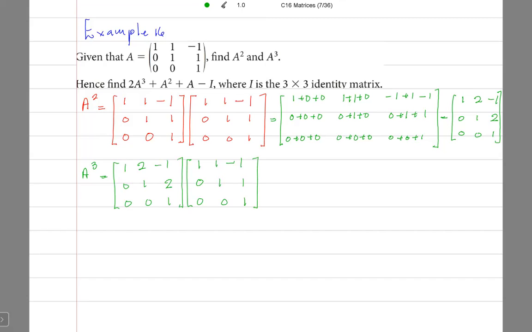Top row, left column, 1, 0, 0. So this is 1 plus 0 plus 0. Top row, middle column, 1, 2, minus 1 times 0 is 0. Top row, right column, minus 1 plus 2 minus 1.